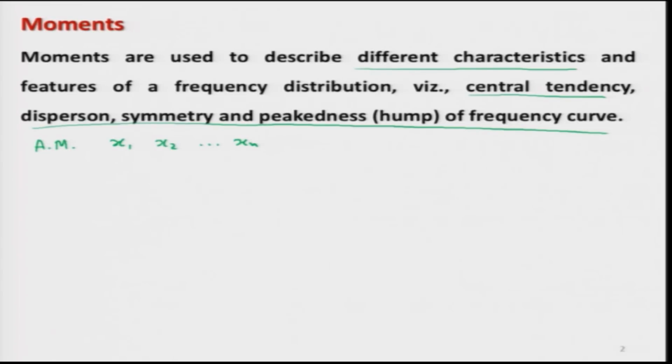Then we just added them and divided by the number of observations, say n. So, this gave us the information about the central tendency of the data, that is, where the mean or average value of the data set lies in the frequency distribution or frequency curve.